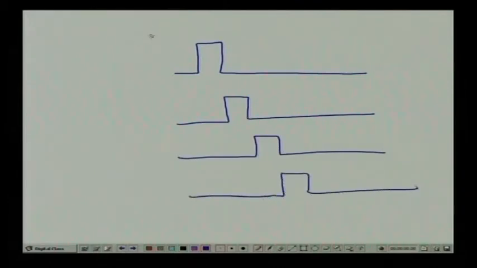This is control V1, this is control V2, control V3, control V4. When this is high, only analog switch 1 will be selected, and all others will be deactivated.